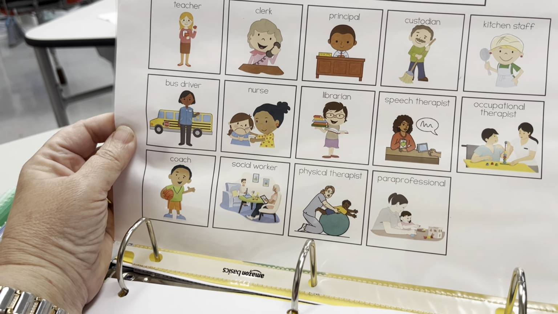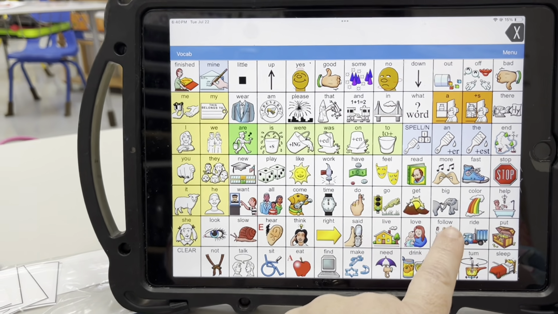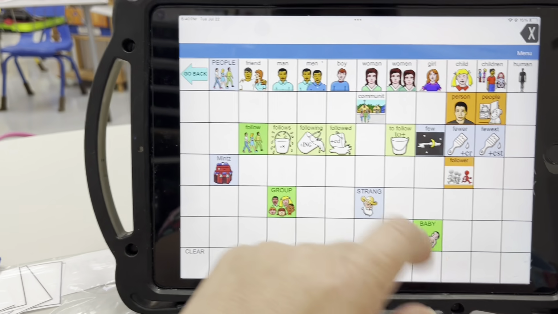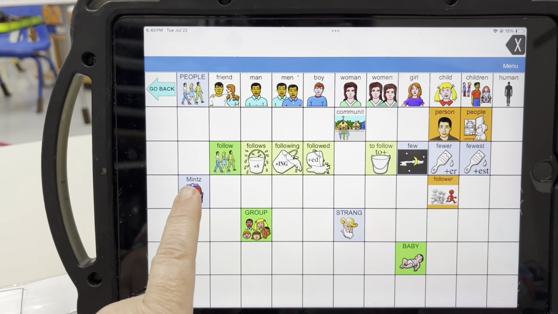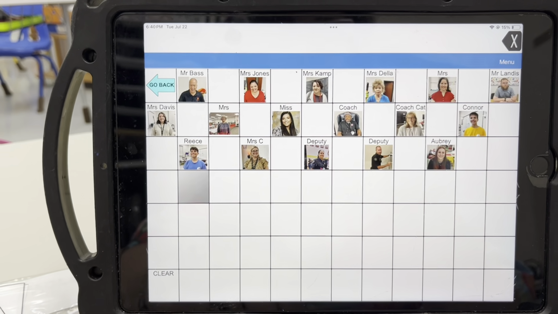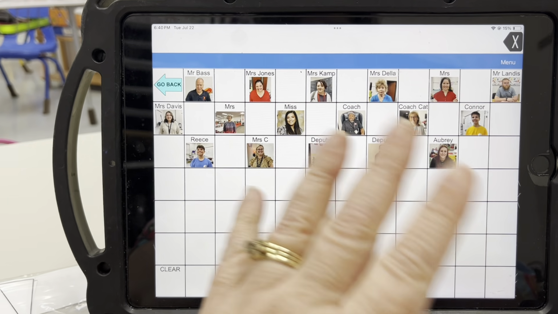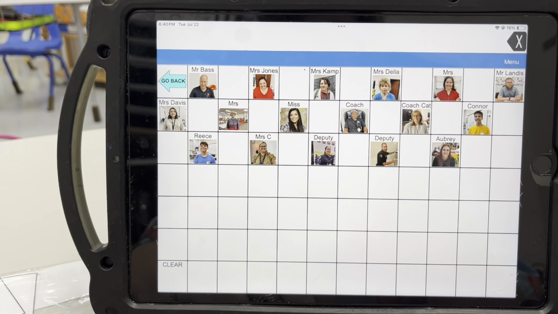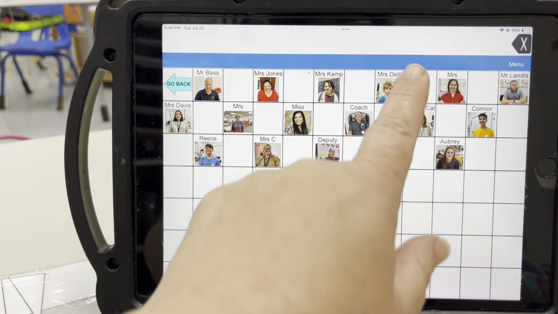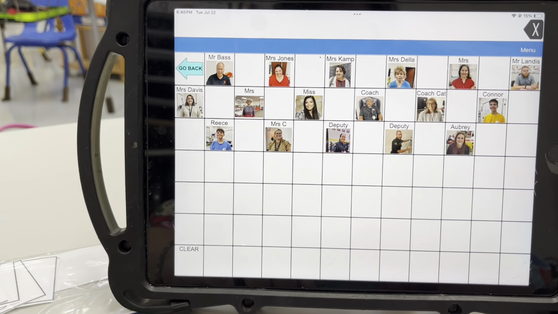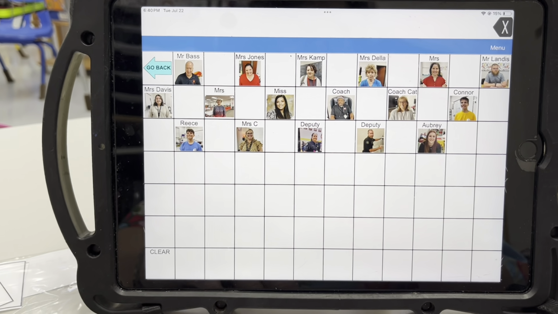These are people that they see each week. In my student's device, I actually have a folder that has the names of the teachers and staff that they may see, whether it's on this hall or in the computer lab or a custodian. I think that's important for them to be able to say and to greet.